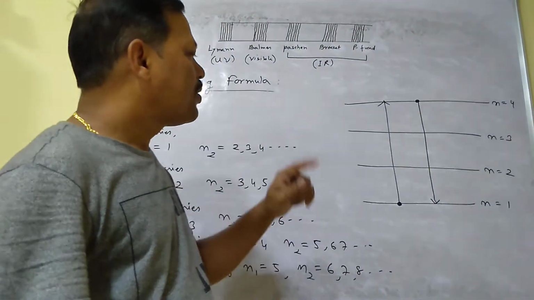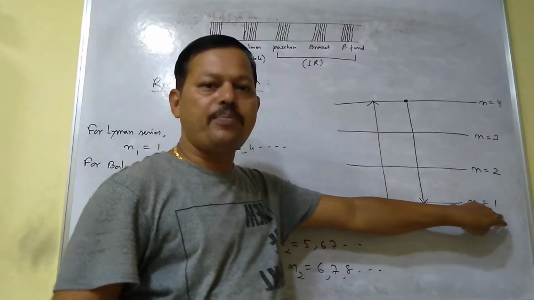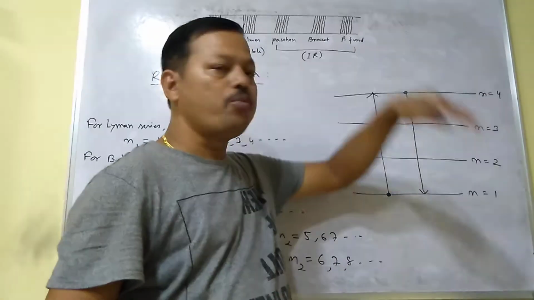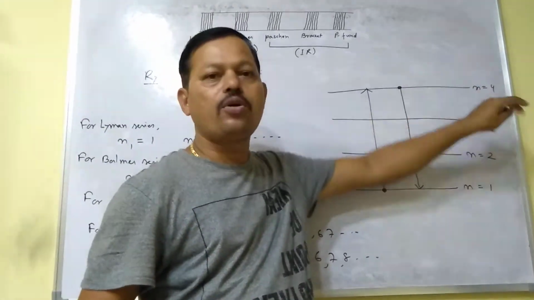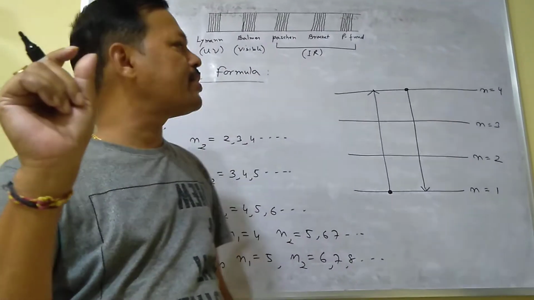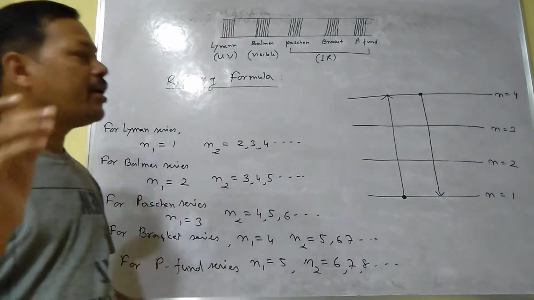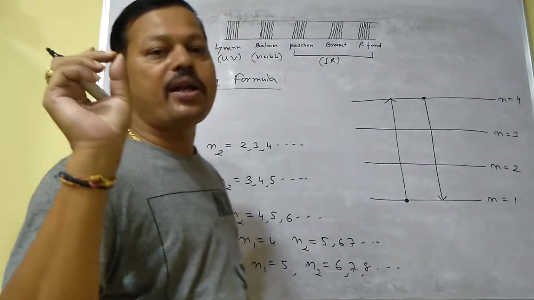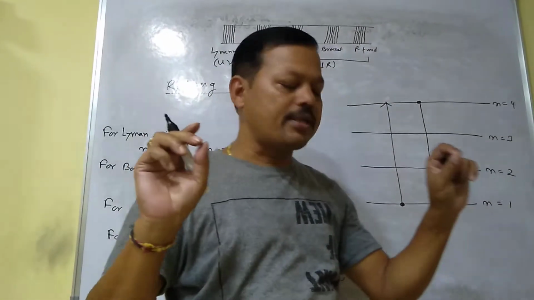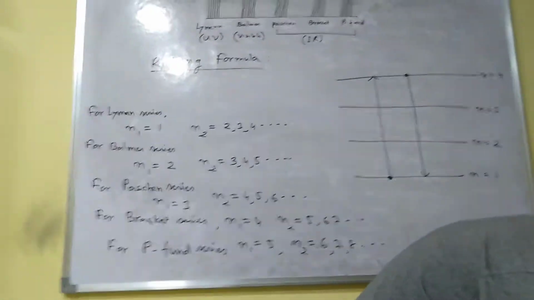Then you consider the n1 value as 1 because it comes down to 1, and from where it is coming, from n equal 4, you consider the n2 value as 4. In this way, in the Rydberg equation, you put the values of n1 and n2. n1 means lower energy level, n2 means higher energy level.